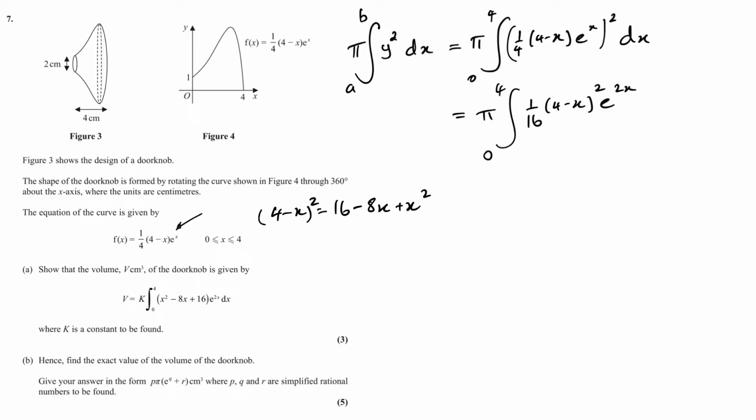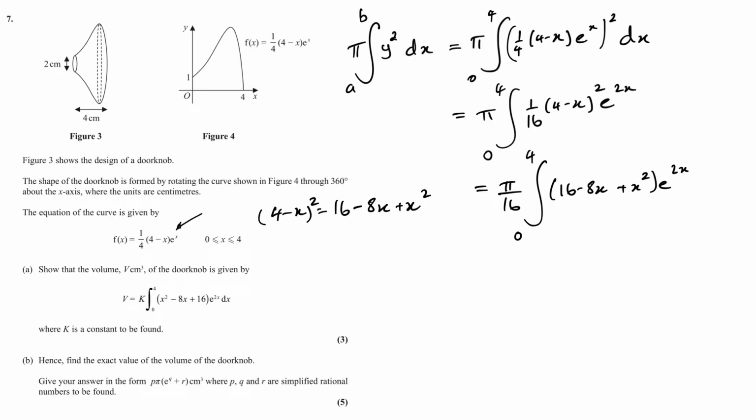But what I think we will do is, let's take the pi and the 16 outside for the 1/16. And then we have 16 minus 8x, plus x squared multiplied by e to the 2x.